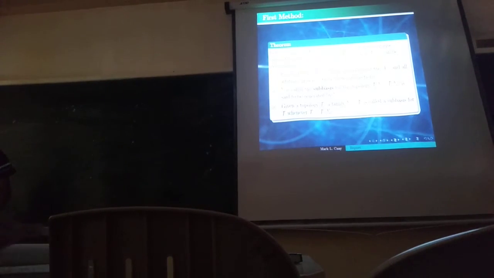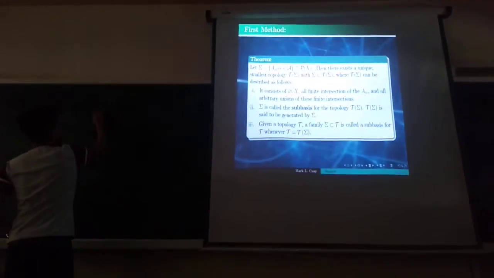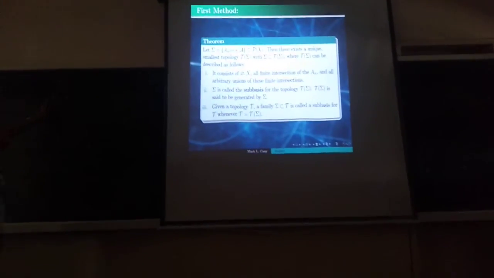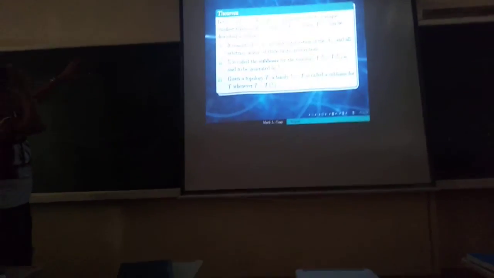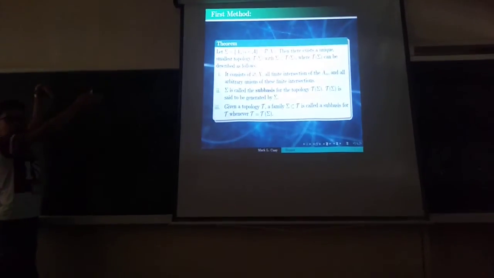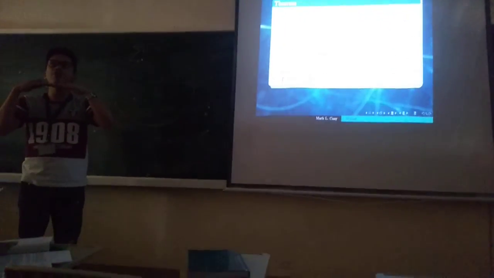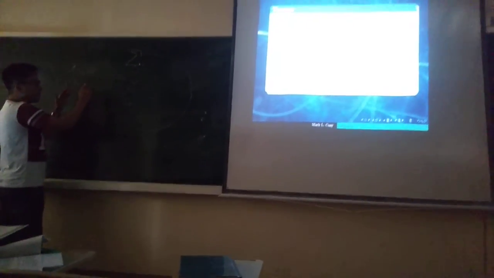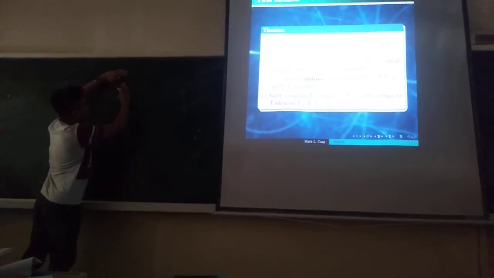I have a set here. What it means is, if you look at this, you have the sigma here. There exists a smallest tau of sigma. This is the smallest, compared to those that contain sigma.